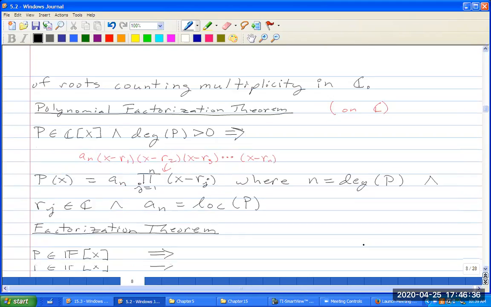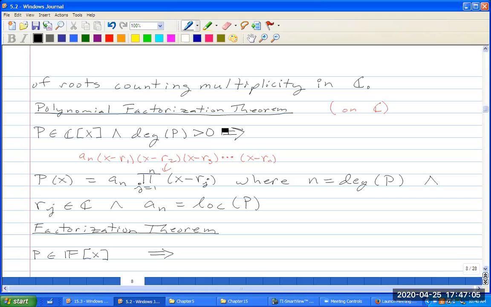Polynomial factorization, and let's do this on the field of complex numbers. Let P of x be a polynomial with complex coefficients, and let the degree of this polynomial be greater than 0, so we don't want it to be a constant polynomial.